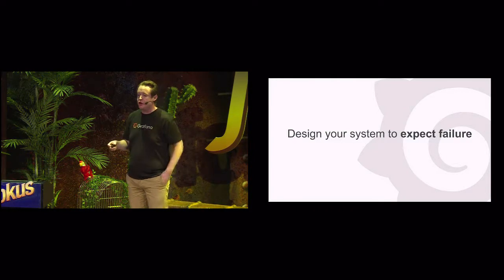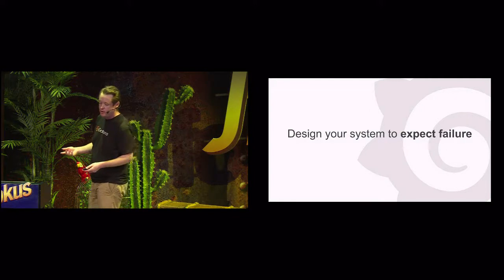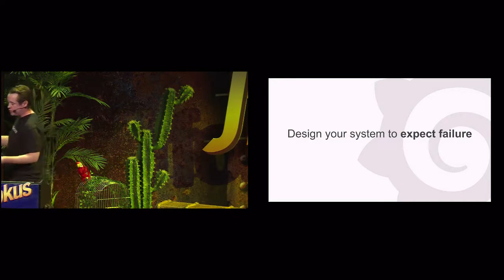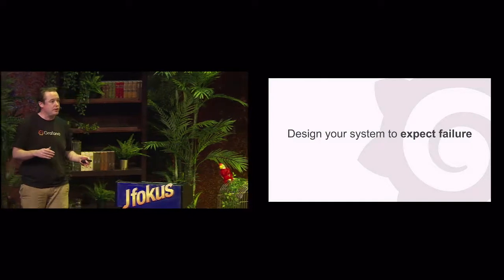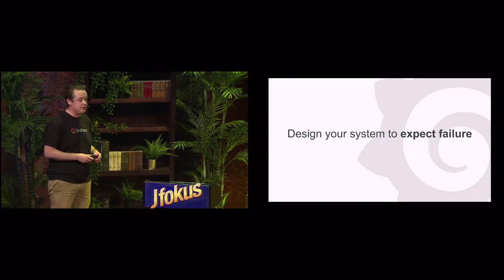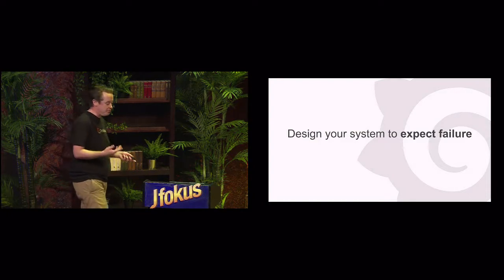And you need to start designing your system to expect failure. Because the monitoring system is not the end goal. It's just a tool you can use to increase system resilience. But you as a developer also need to start working on system resilience.